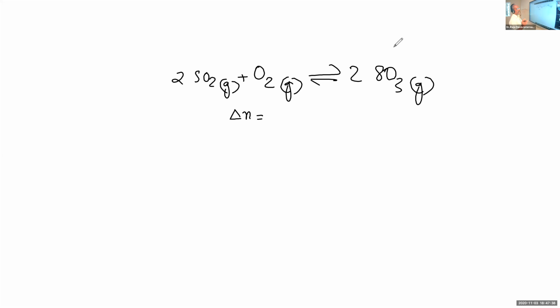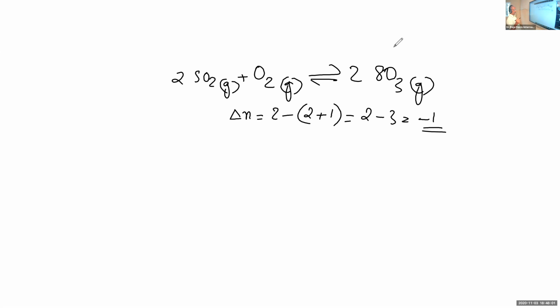SO3 is a gas, number of moles 2. 2 minus the gaseous reactants on the left hand side, SO2 2 plus O2 1, is equal to 2 minus 3, which is minus 1.